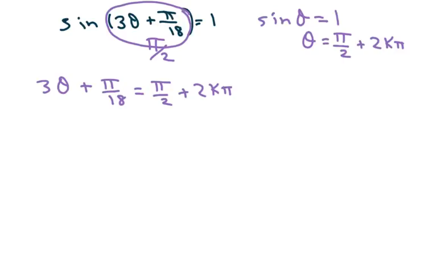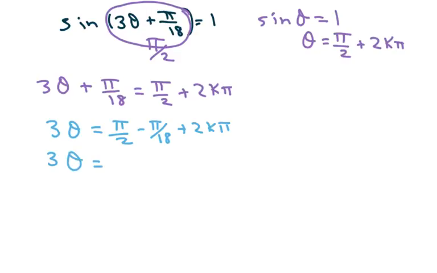Now, I'm going to subtract pi over 18. With a common denominator, we would get 3 theta equals, we need 18 here, so that would be 9 pi minus pi over 18, plus 2k pi.